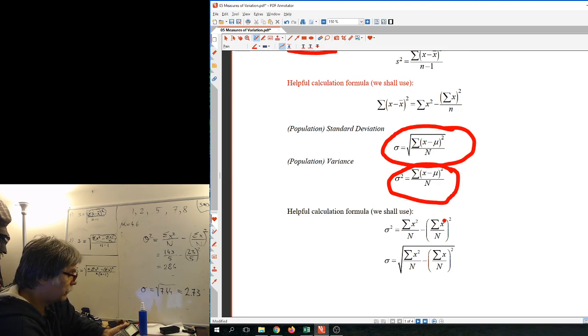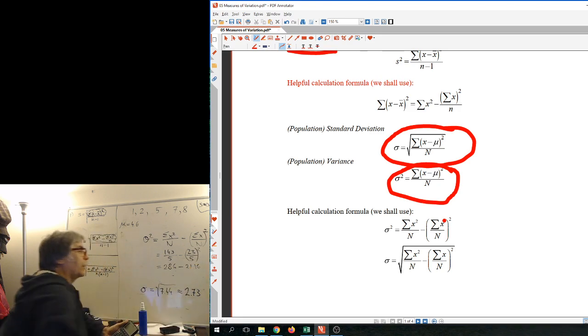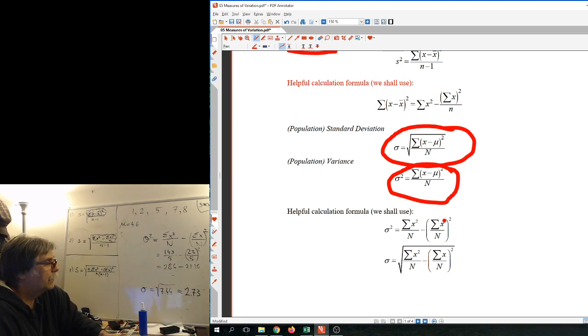My calculator says 21.16. And I'm not going any further. Yeah, this is 7.44. Okay, so again, you have this formula to calculate the population variance that is a little bit easier than what I was doing moments ago. And of course, if you have a variance, the standard deviation is just the radical. So you just take the square root of that.